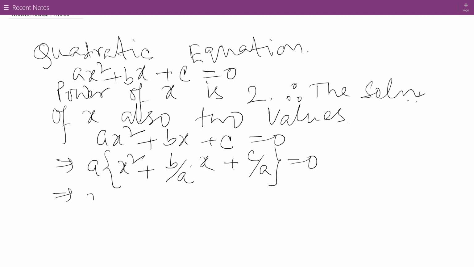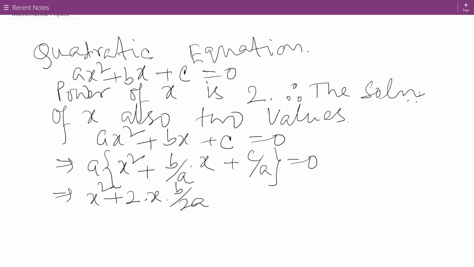Then we write x square plus 2 into x into b by 2a.